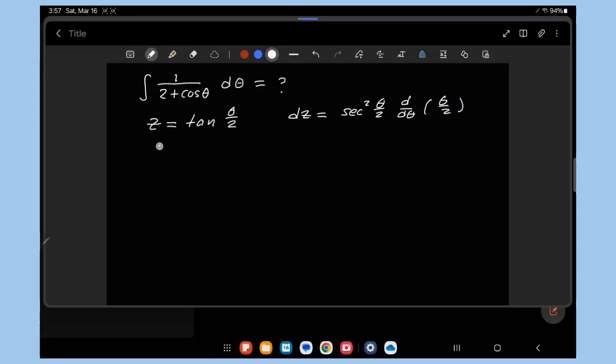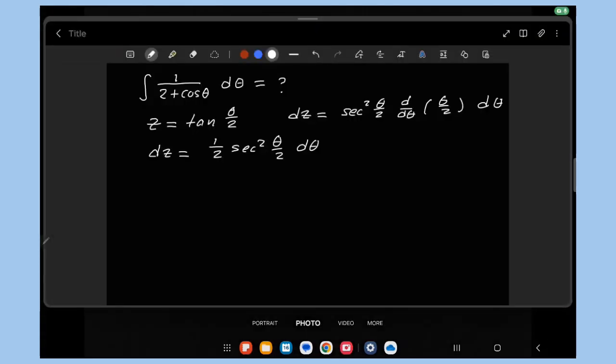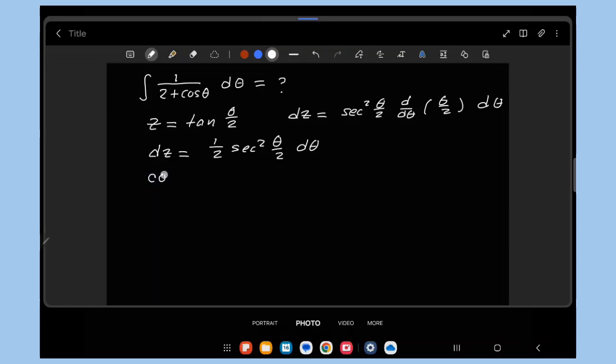So that tells us then that dz is equal to 1/2 the secant squared of theta over 2 times d theta. I left off the d theta up here, but let's go ahead and put it back in. So that's dz. If we look at the integral 1 over 2 plus cosine theta d theta, we need to figure out what the cosine of theta is equal to. So let's work on that, the cosine of theta.